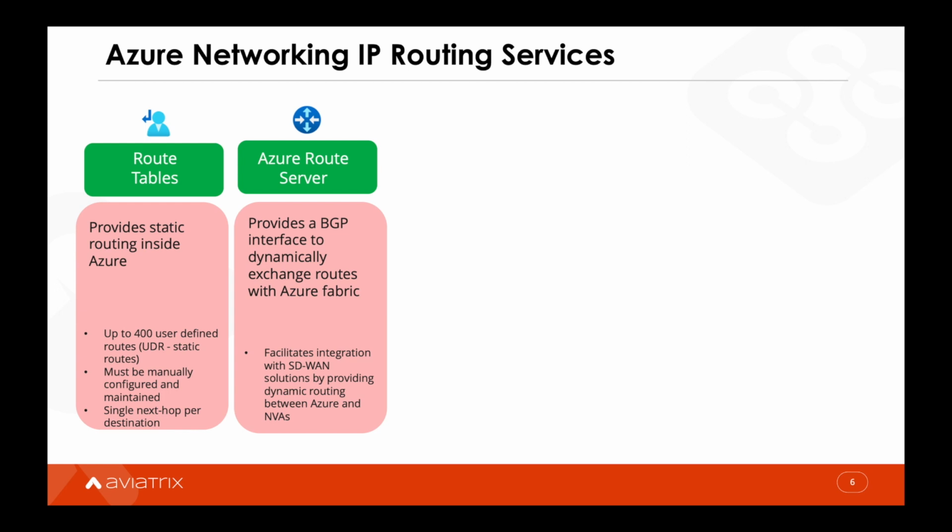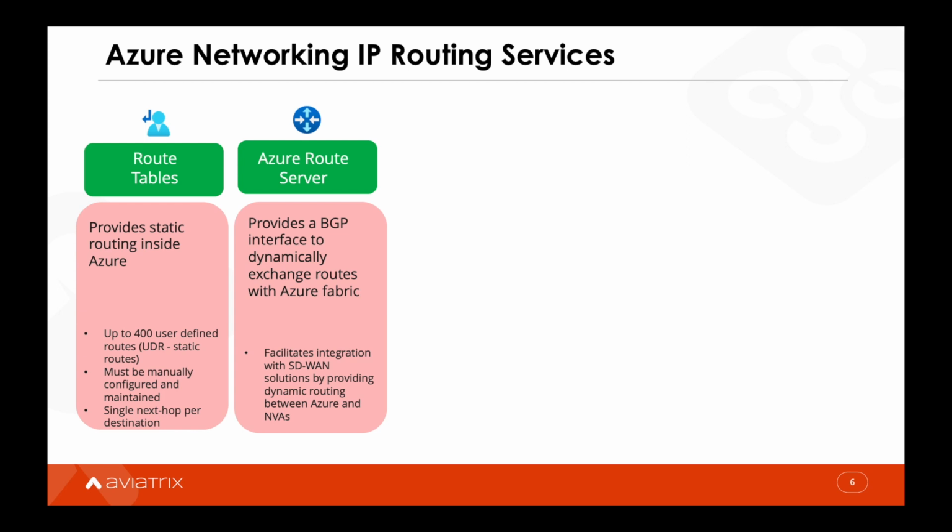However, this behavior of doing equal cost multi-pathing is a problem when dealing with devices that keep state. And by that, I mean functions like firewalls or devices that do a stateful NAT, which require that both flows in a communication go through the same device. Otherwise, it will break the traffic. And the reason for that is because when we are doing equal cost multi-pathing, there is no guarantee that the return flow will be sent to the same device that processes the inbound flow.